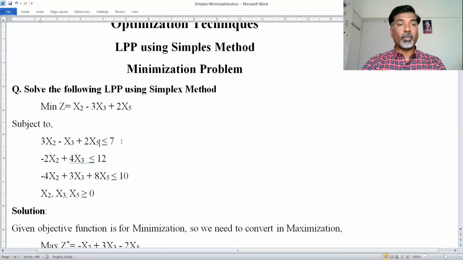To make these inequalities into equalities, if the constraint contains a less than or equal to sign, then you have to add a slack variable.